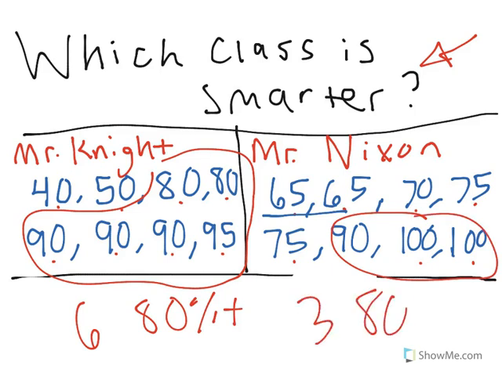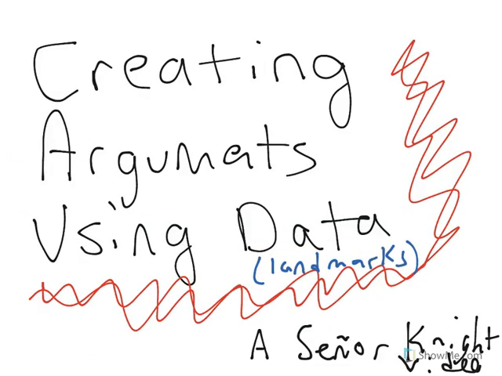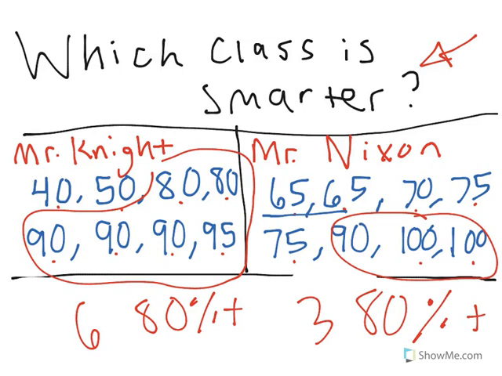Therefore, my class is twice as smart. So you see, there are tons of different ways that you can make arguments. And there really isn't a perfect answer. So what you have to do is use data and landmarks to support your argument.